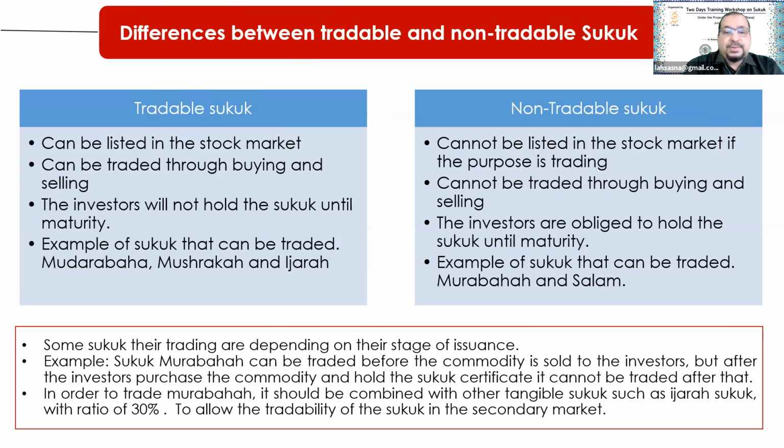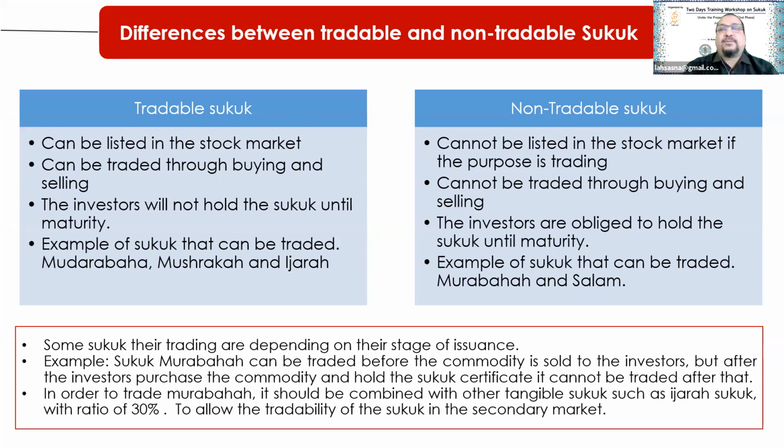but provided you do what we have mentioned, that it has to be in a hybrid structure, meaning 30% tangible assets. Some Sukuk, their trading depends on their stage. I think we have mentioned it on the Murabaha. And the hybrid Sukuk of 30%, meaning how to make the debt tradable, you have to create a hybrid structure.